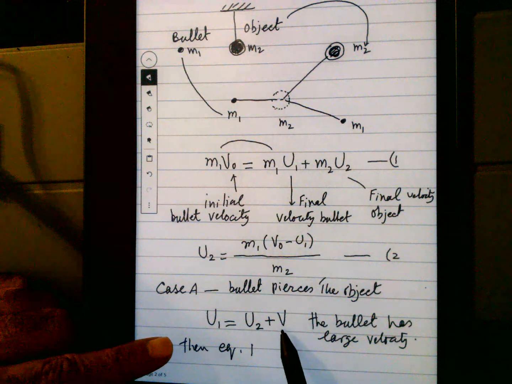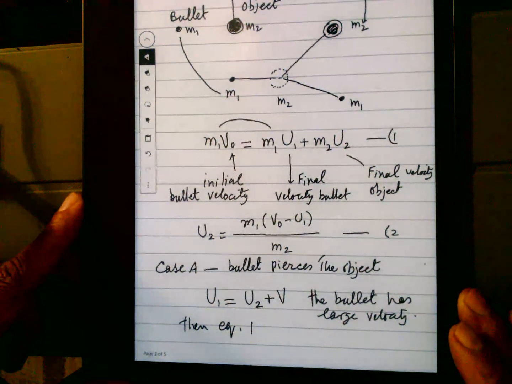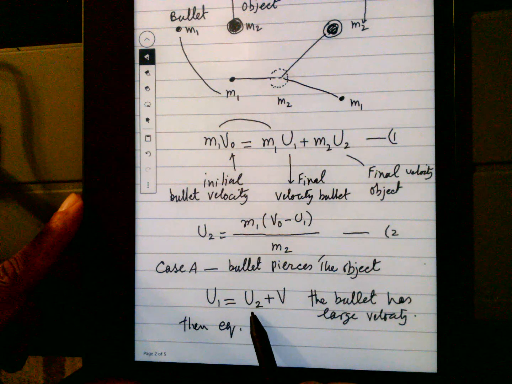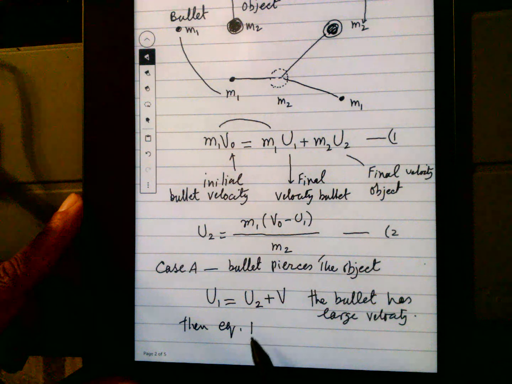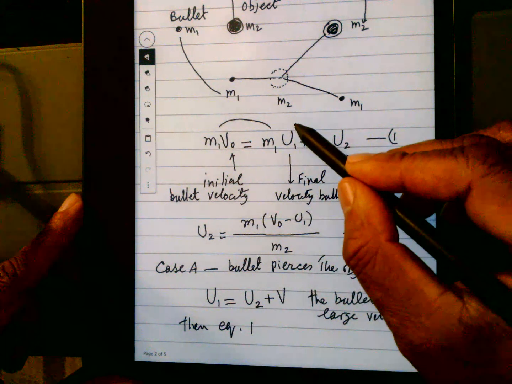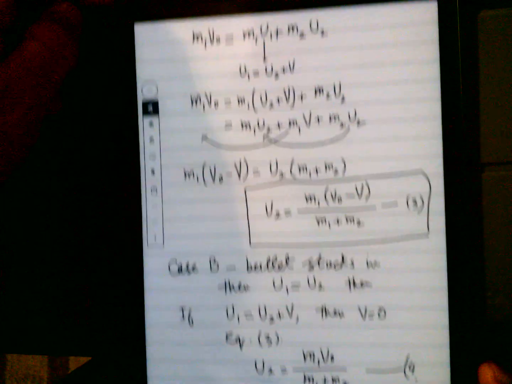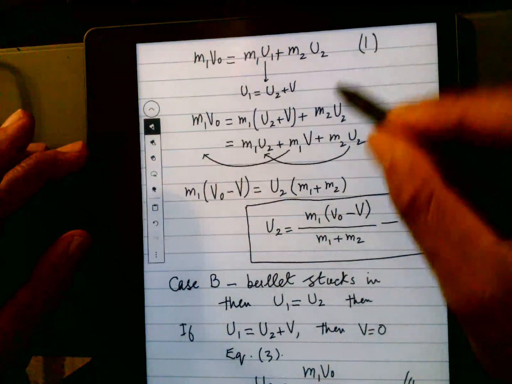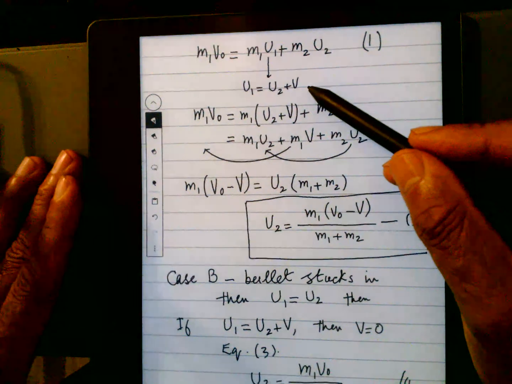So we write u1 is equal to u2 plus v. In equation 1, if you substitute this u1 here, this is equation 2, in the case of piercing.